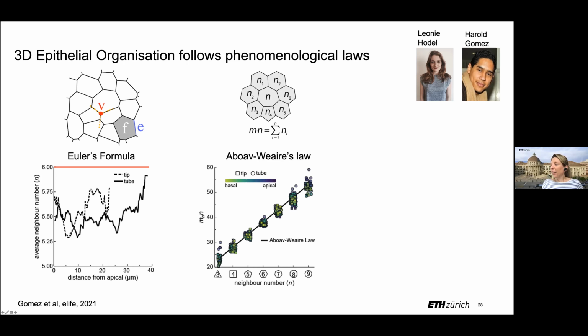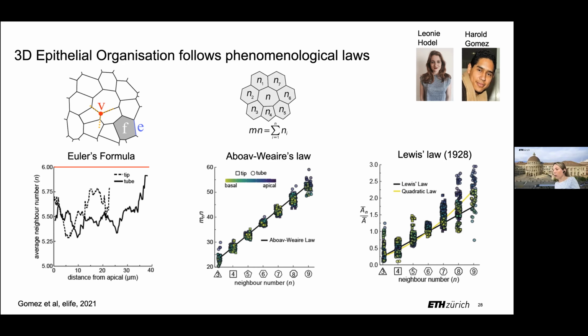And instead of being 6, you get this relationship here. And as you can see, our epithelium completely follows Aboav-Weaire's law. You see this for all epithelia that have been studied to date. They all follow that phenomenological law, but so far no one knew why.